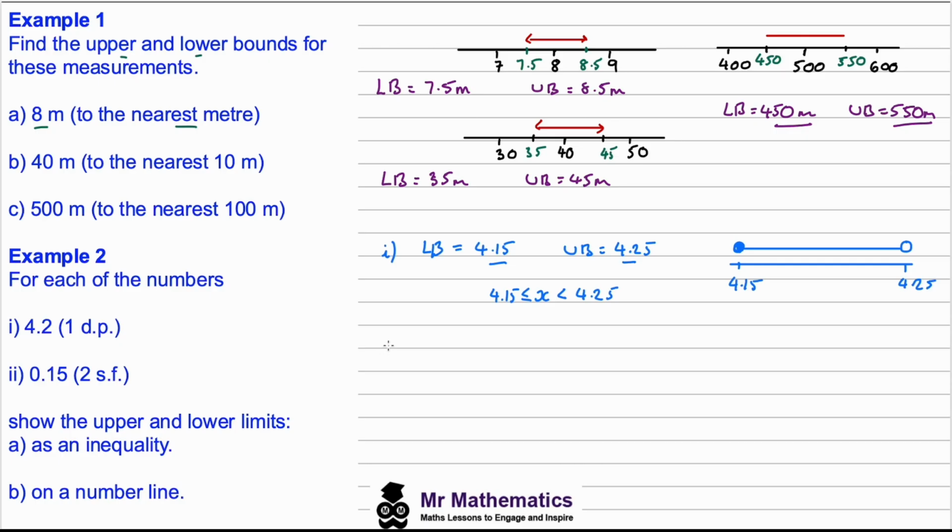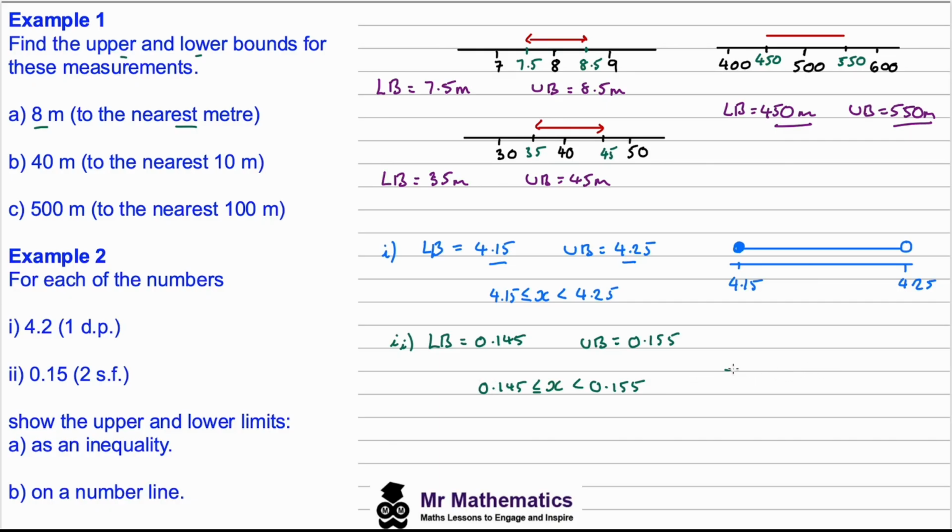So we know the lower bound will be halfway between 0.14 and 0.15. So this will be 0.145. And the upper bound will be halfway between 0.15 and 0.16. So 0.155. As an inequality, if we let x be our numbers between these two limits, it will be less than 0.155, but greater than or equal to 0.145.